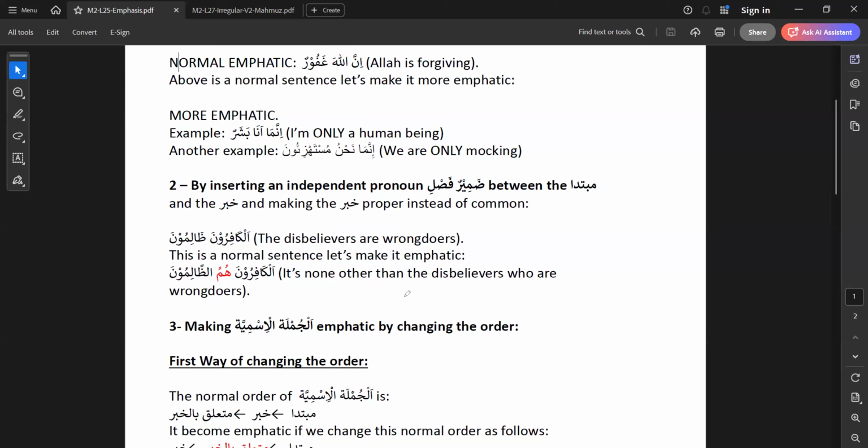Because when the khabar comes as a complete sentence by itself, this dhamir pronoun comes after the mubtada and returns back to the mubtada, providing more emphasis to the mubtada. So this hum is al-kafiruna. There's a hum there, so it's returning. It's the same hum. Excellent.